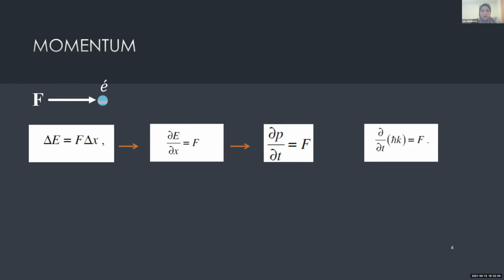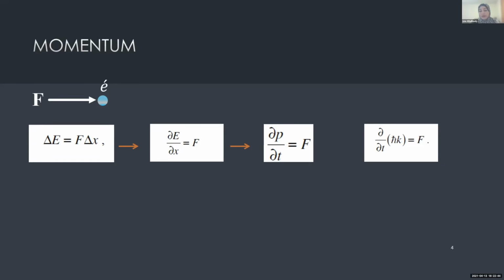If we try to understand how the electron moves in the crystal, we know that if we increase the force, the wave vector of the electron will increase. So there is a linear proportionality between the force and the wave vector. As we said before, the plane wave of the electron is related to the wave vector of that wave.